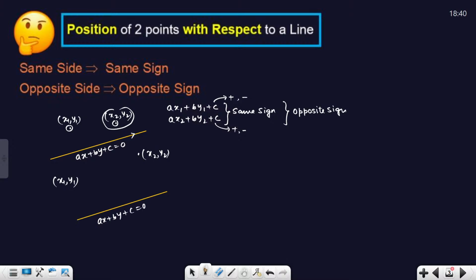Now the question is, how we will say in which side of this line this point lies? So whenever we are having only 1 point and we have to decide in which side of the line the point lies, then we take the help of our second point, which is our origin, right?